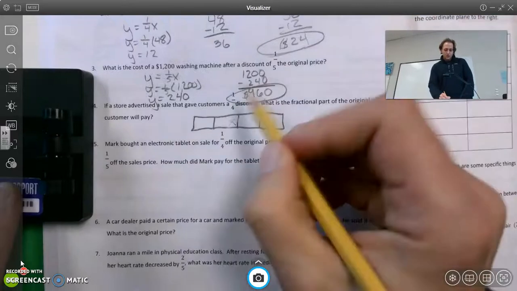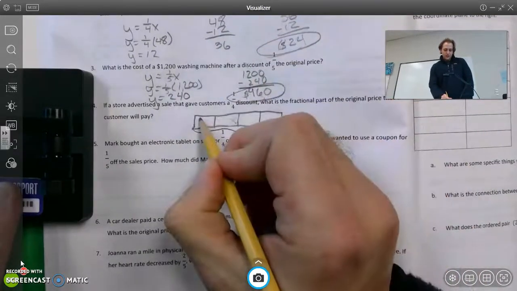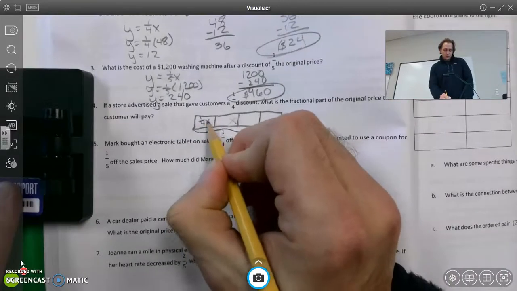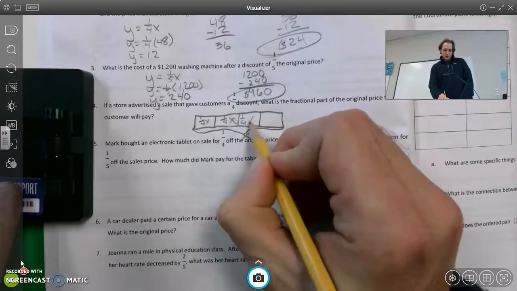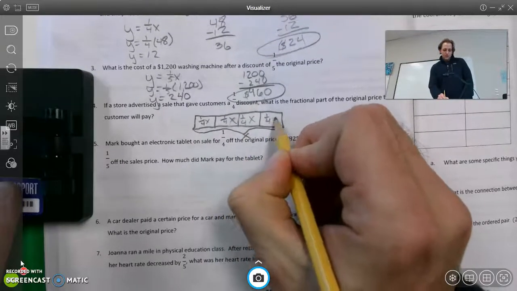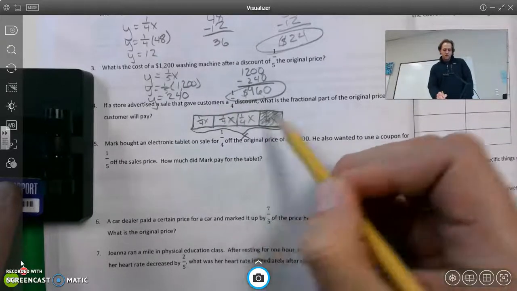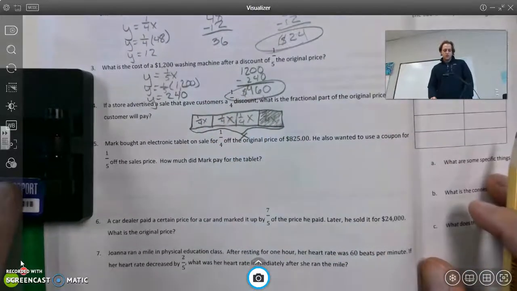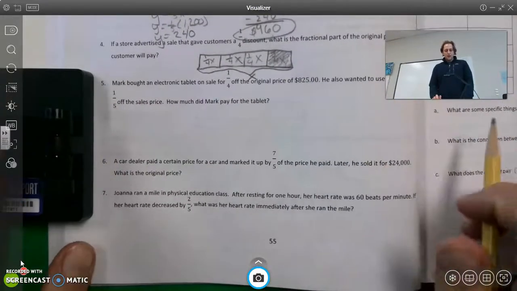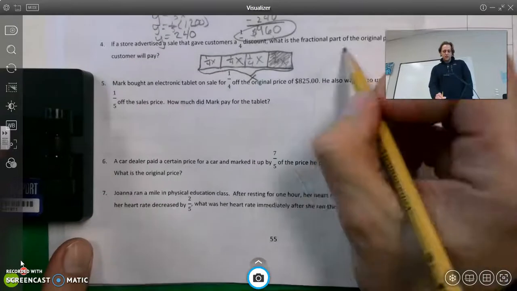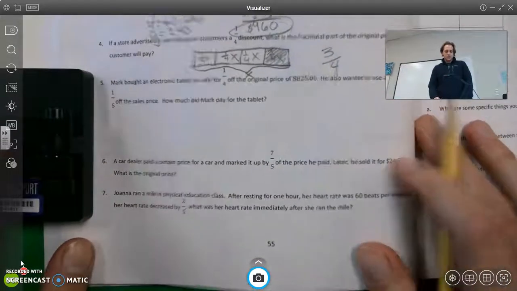If the whole thing is X, then each of these pieces would be 1/4 of X, right? So that means if you're getting a discount of 1/4, you would still be paying 3/4 of X. So I guess we could say 3/4 is the fraction that the customer will pay.